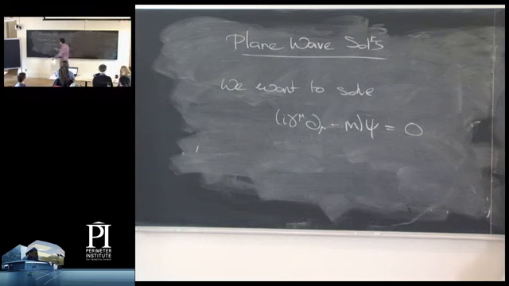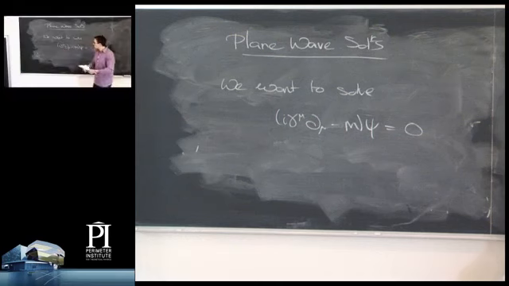Oh, by the way, one thing I didn't tell you, but Malcolm did. This equation mixes up all the different components of psi, because there's a gamma matrix just here. There's a way to act on the left here with basically i gamma^mu d_mu plus m. And if you do that, you find that each individual component of psi solves the Klein-Gordon equation. So I think Malcolm did that calculation with you.